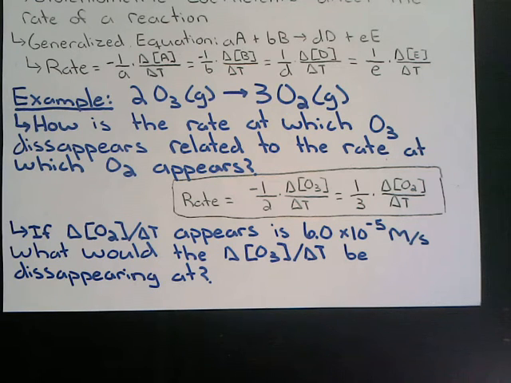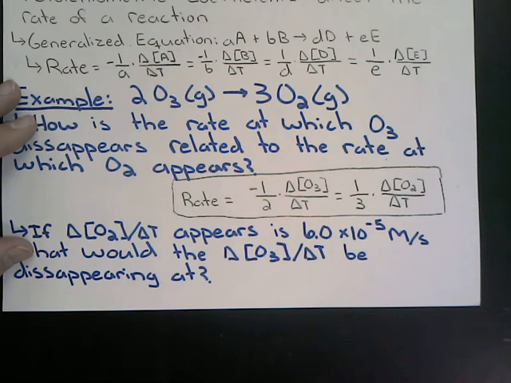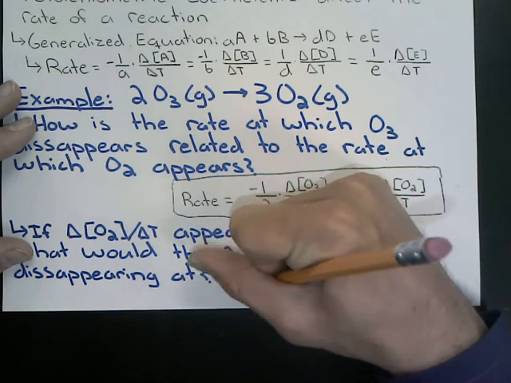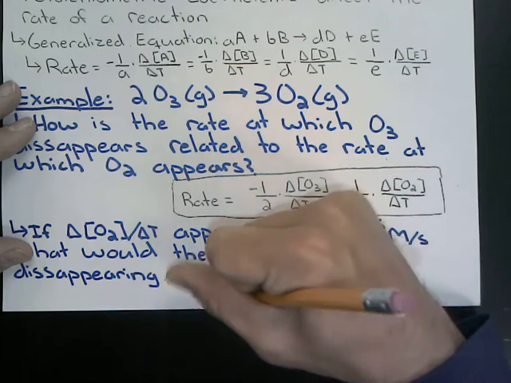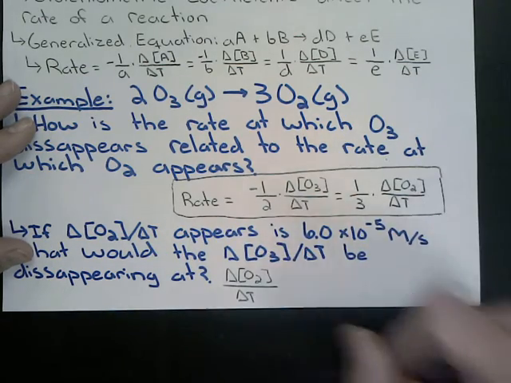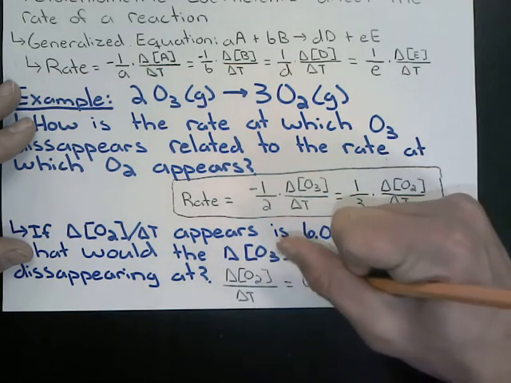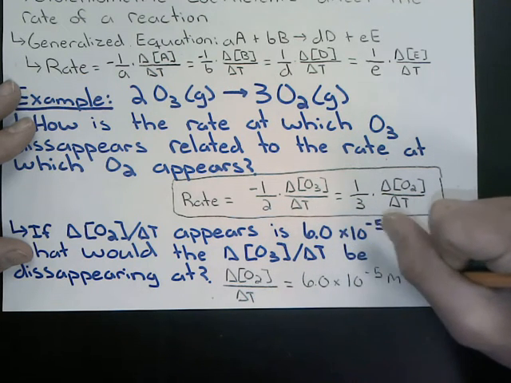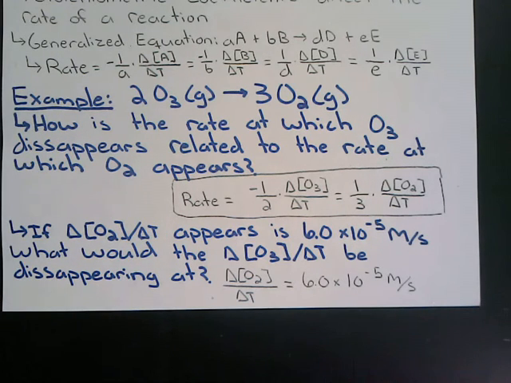Well, we are going to solve this, and I want to point out that for this particular problem, the change of concentration of O2 over the change of time is given as 6.0 times 10 to the negative fifth molarity per second. I just wanted to make that clear before we go in and solve this example.